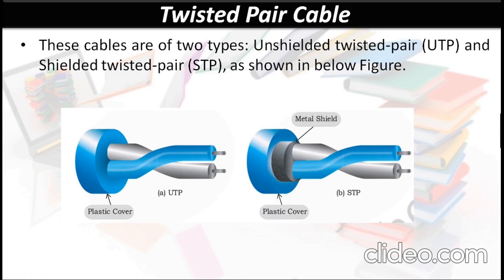Crosstalk means that when we are talking with our friend, we cannot hear others' voices; the others' voices will not intrude into our conversation. So that crosstalk will not be there in STP. Therefore we say that STP helps to eliminate crosstalk.